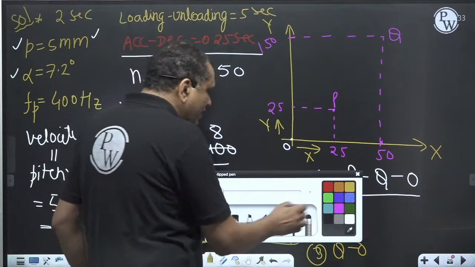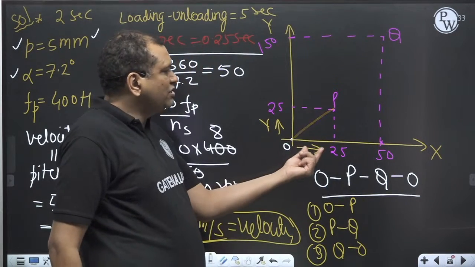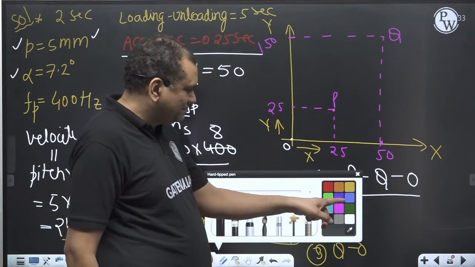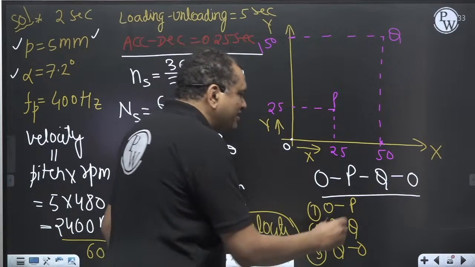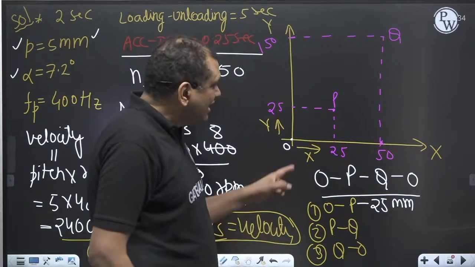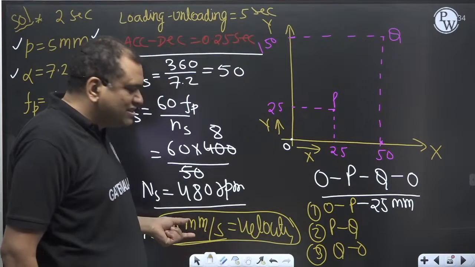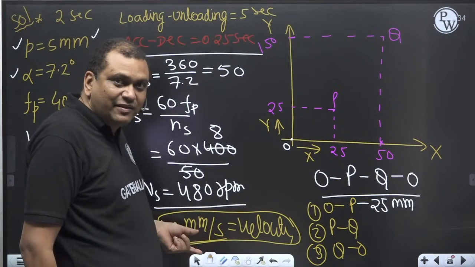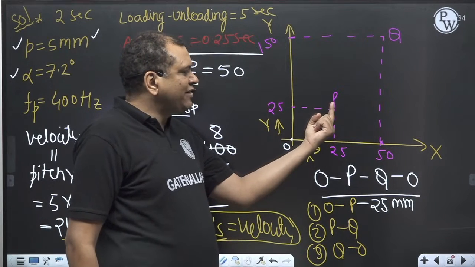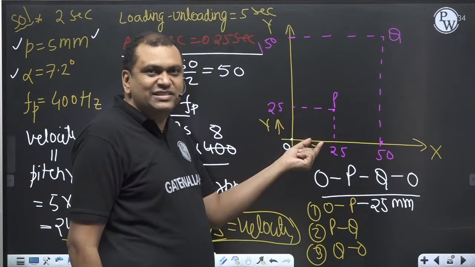But actually I am moving along this line, na? Both are 25, so the distance moved will be 25 mm. I will not take the diagonal distance, because this is the velocity of the individual stepper. When this moves 25 millimeters, this will also move 25 millimeters, so my robot arm will move along this line because Fx and Fy are moving simultaneously.